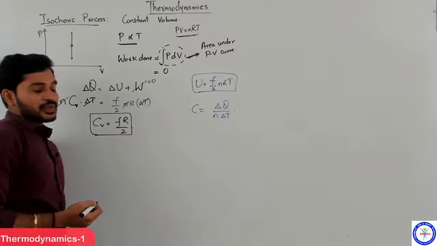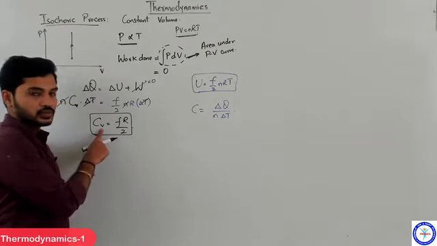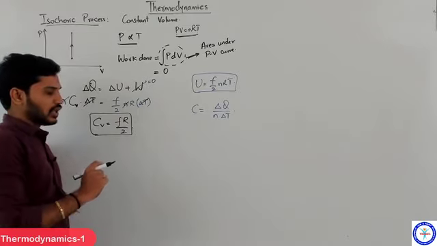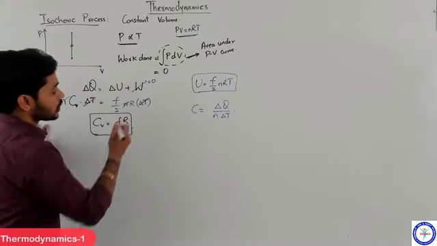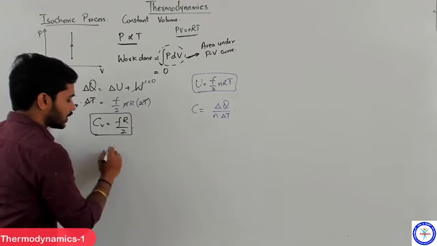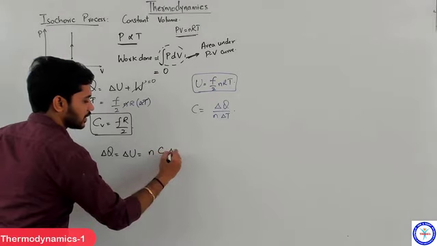So the molar heat capacity of a gas in a constant volume process will be equal to FR by 2. And the most important thing you can write here is that in a constant volume process, delta Q is equal to delta U is equal to n CV delta T.